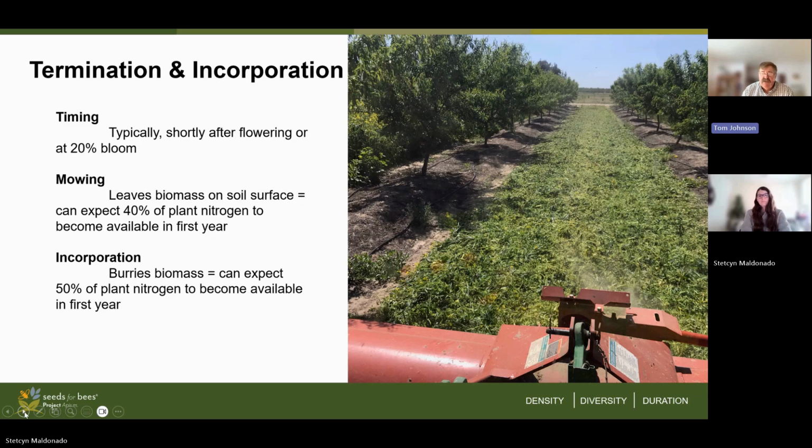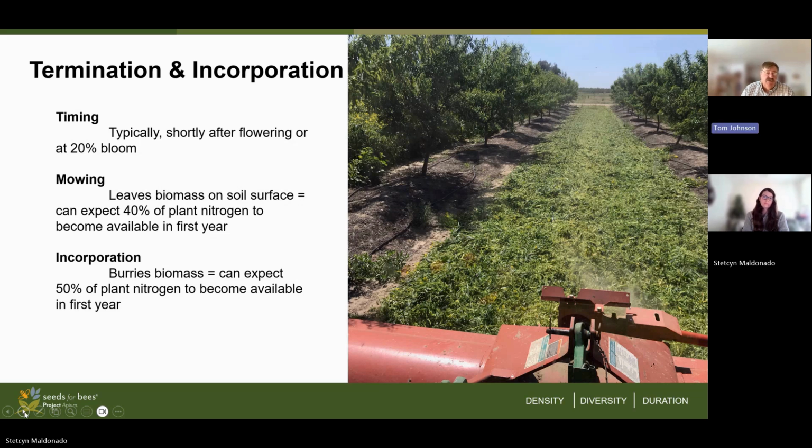The plant concentration of nitrogen is probably about as high as it's going to get. It's just how much more weight you might put on if you let it go longer. So that's starting flowering to about 20% bloom, in the spring usually around 10 to 14 days after you start seeing flowers. It has pretty much hit that point.